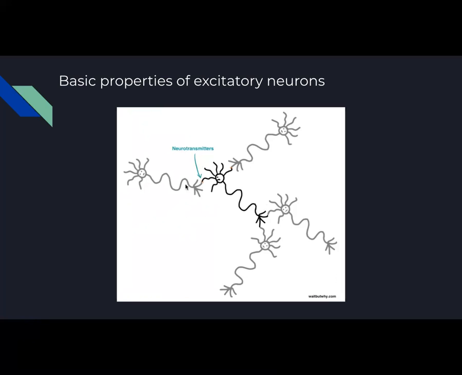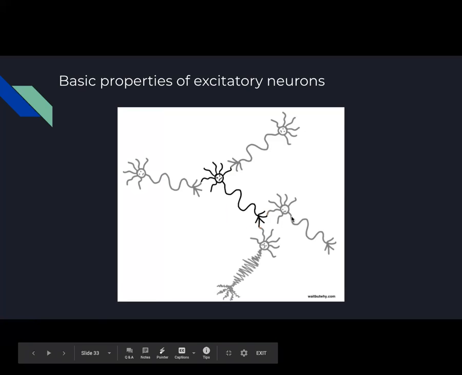And when this neuron in the middle receives a neurotransmitter from its neighboring neuron that it is connected to, it can get excited. And the excitation causes the neuron to send an action potential down its axon, which could then trigger some neurotransmitter release at its synapse and cause the downstream neuron to fire as well.